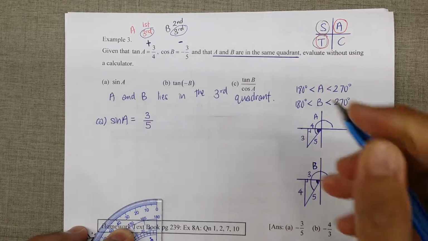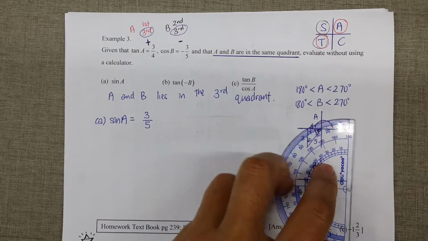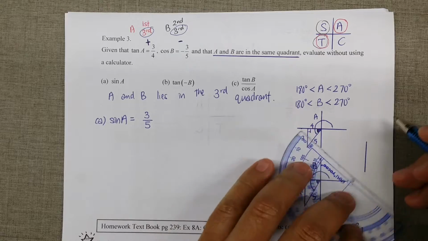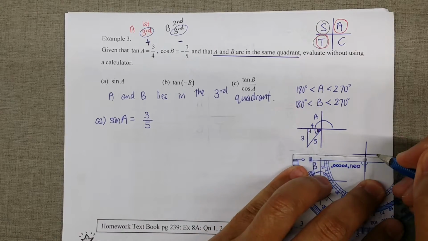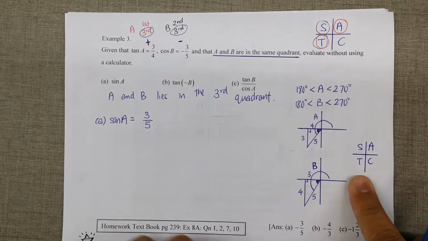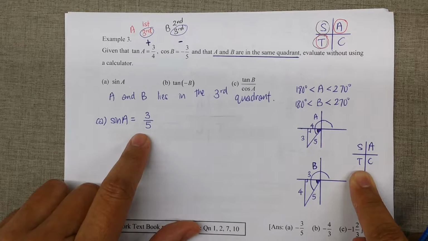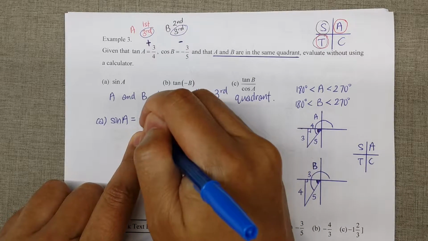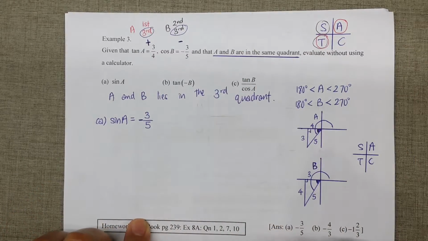But don't forget the famous ASTC. Angle A is in the third quadrant. Only tangent is positive, so sine must be negative. Then your answer is correct.